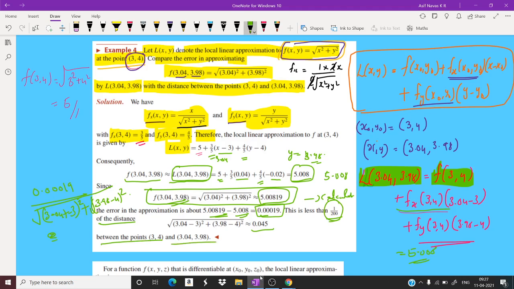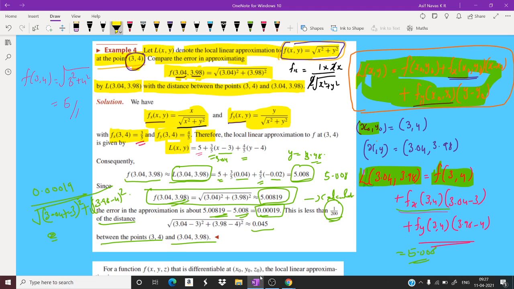So this is how we can find the local linear approximated value. I will explain once more. We are given a point (3, 4), and we have to find the local linear value at (3.04, 3.98). So we will use this formula of local linear approximation.